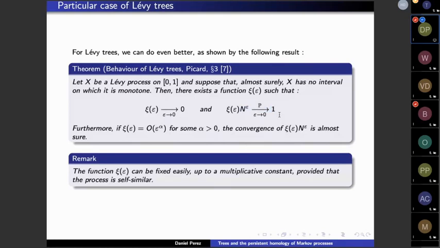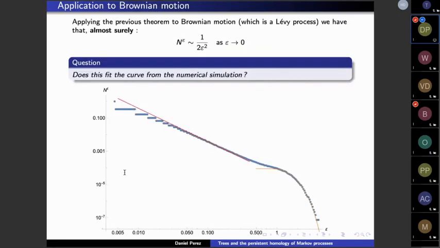And one of the remarks is that one can compute at least the epsilon dependence of this psi epsilon quite easily, provided that the process is self-similar. So in particular for Brownian motion, this is the case. And so computing the epsilon dependence for Brownian motion is actually quite simple. So let's look at what this theorem says for the Brownian motion. And what it says is that all you will have is asymptotic.